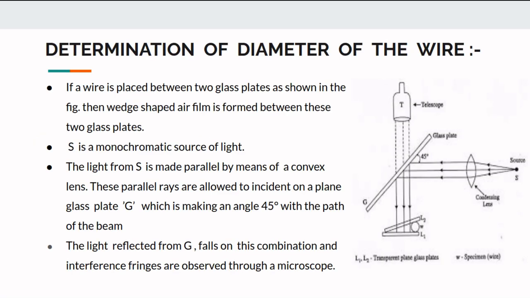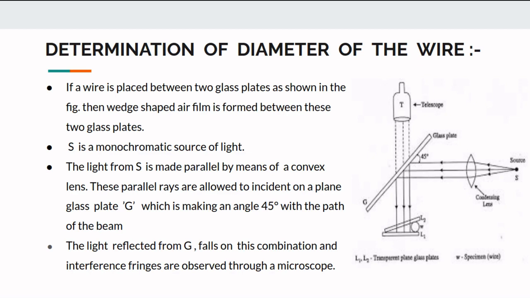Next, this wedge film arrangement is used to determine the diameter of thin wires. For the measurement of diameters of cylinders and thick wires, we generally use vernier calipers. For very small wires, we use a screw gauge. But when the diameters are less than the 100th part of a centimeter, then we use this method for the determination of diameter.